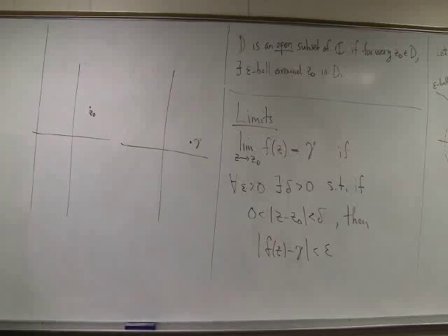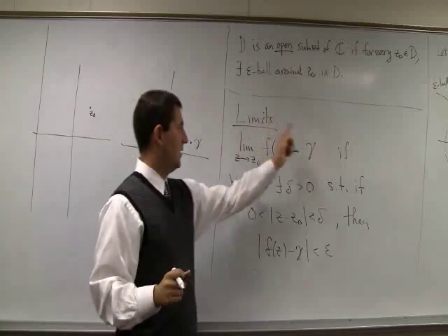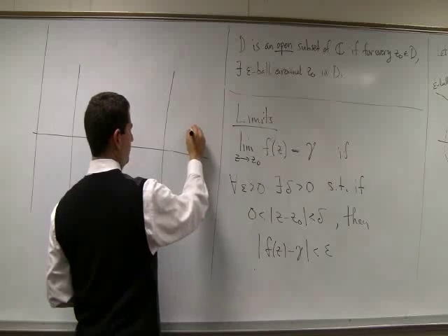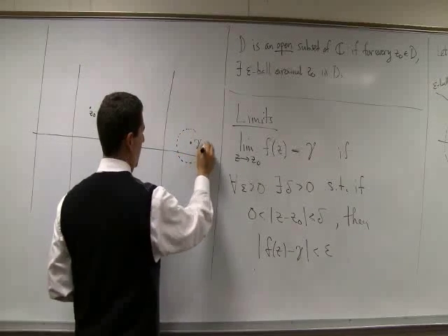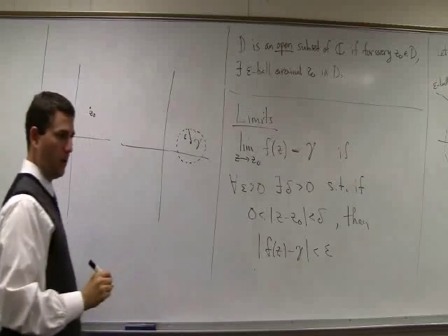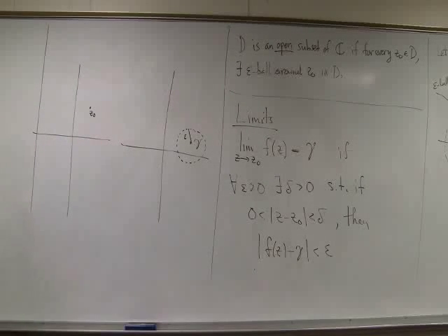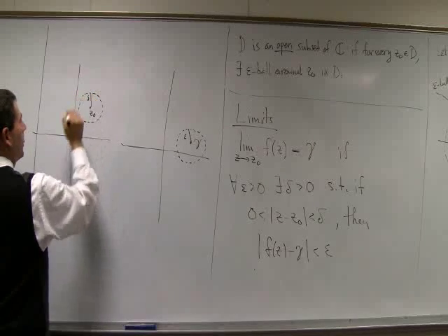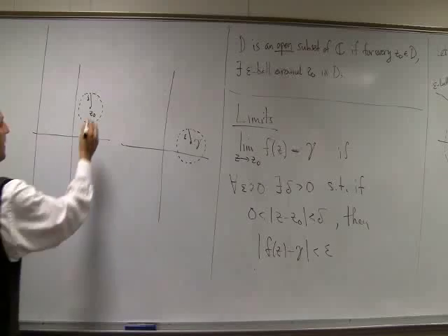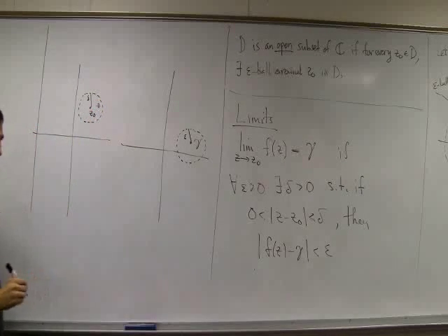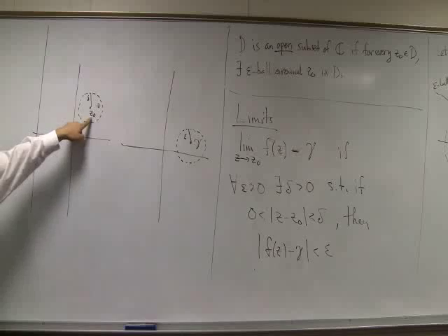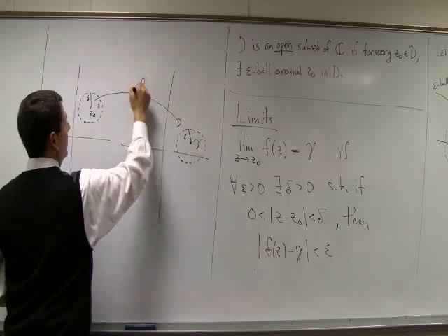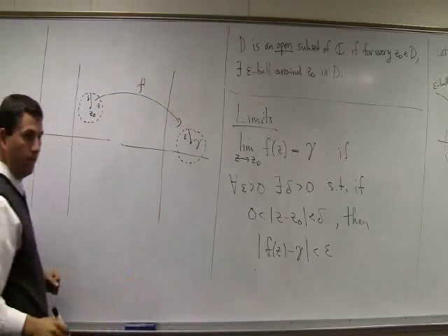What this definition is saying is, this limit exists and it equals gamma if for any epsilon ball around gamma, you can find a delta ball around z naught, so that if you put your z within that delta ball, but not equal to z naught, then this thing will get mapped via f into this epsilon ball.